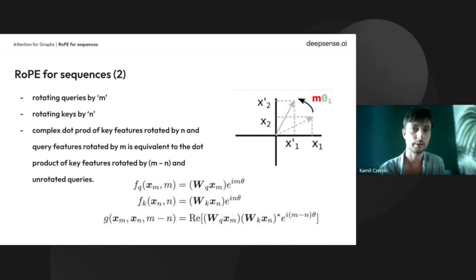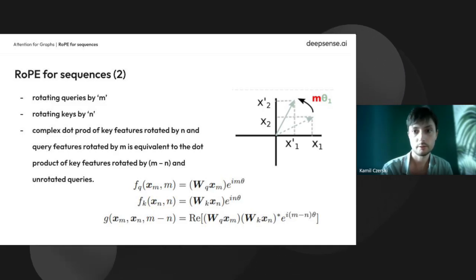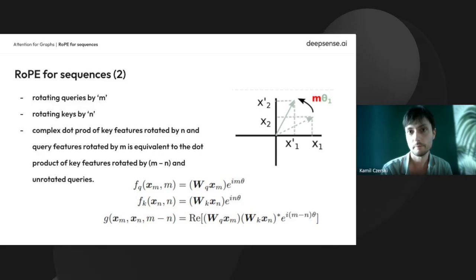You can just use real numbers and sine and cosine functions, which I will show you later how to calculate. But for the sake of explanation, they are rotations.